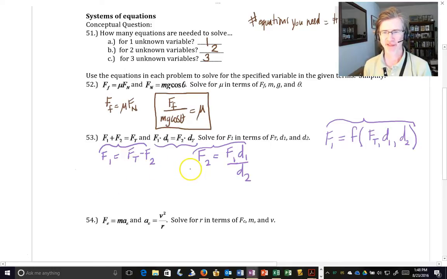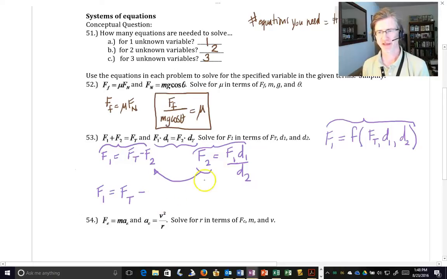See this F2 right here? I'm going to put this expression in for that F2. So I'm going to get F1 equals Ft minus F1 times D1 all over D2.